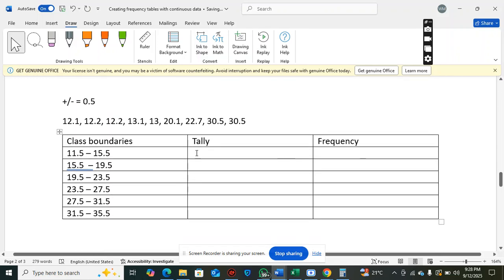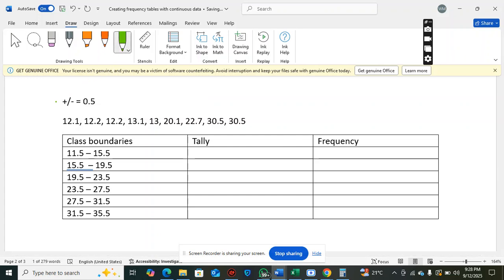Okay, so we look between 11.5 and 15.5. We have how many numbers? We've got this one, two, three, four, five numbers. So 1, 2, 3, 4, 5 numbers. Frequency here, 5.